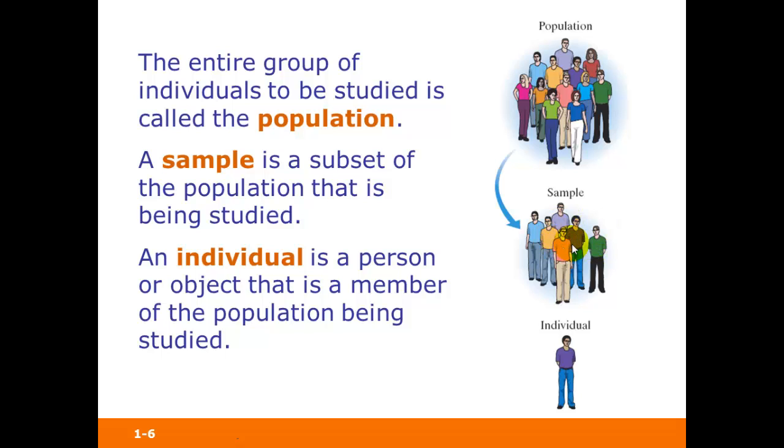So our sample is a subset of the population that's being studied. And again, our population is made up of people or objects or animals. So we have our population, which is the large group. It's made up of individuals. And then the sample is a smaller group that's selected from the population.